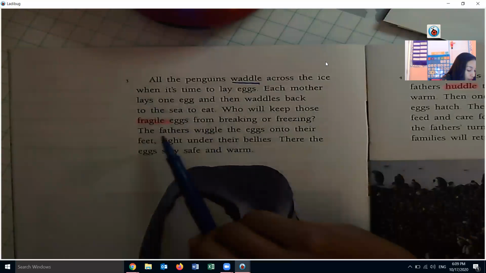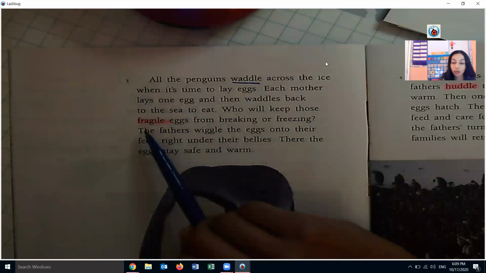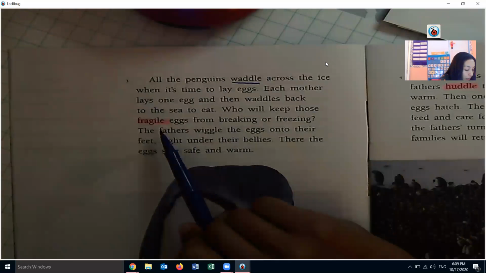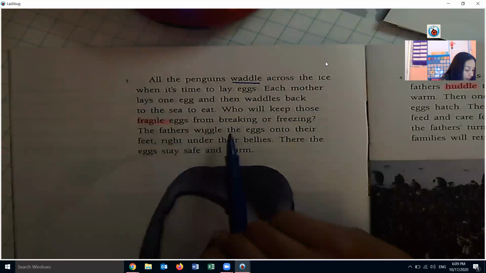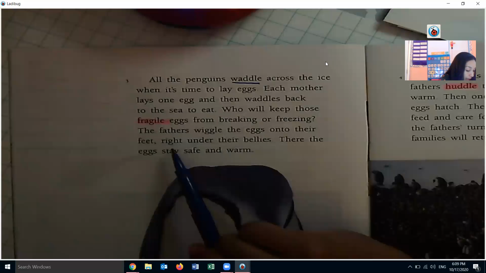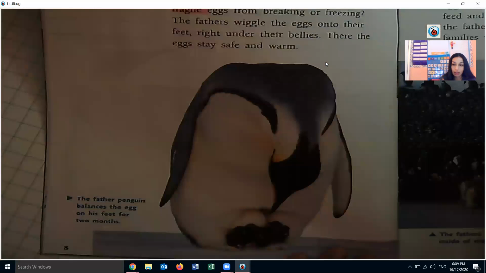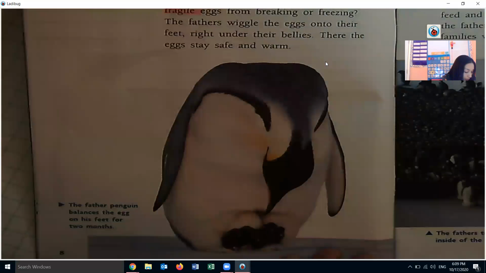Who will keep those fragile eggs from breaking or freezing? The fathers wiggle the eggs onto their feet, right under their bellies. There, the eggs stay safe and warm. The caption says, the father penguin balances the egg on his feet for 2 months.